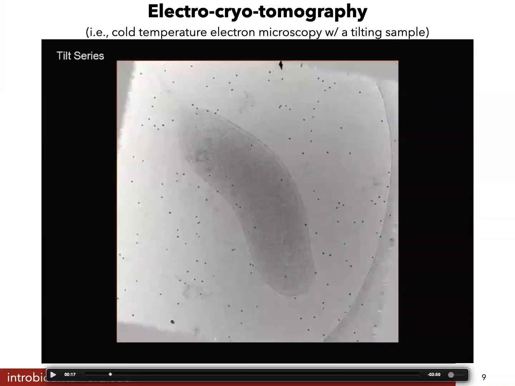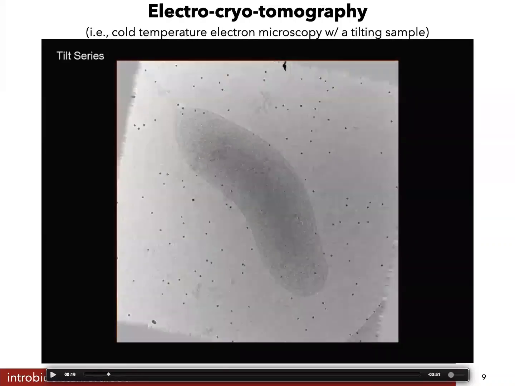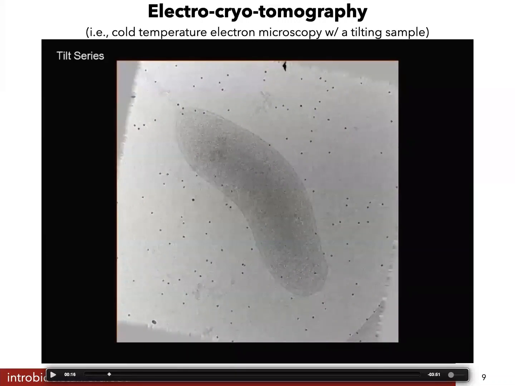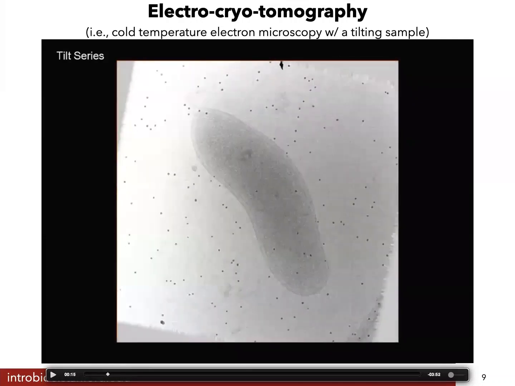You might notice all these dark dots all around. Those are typically gold dots, physical particles of gold or something that the electrons in the electron microscope will really interact with. And so it's very easy to tell what's there.